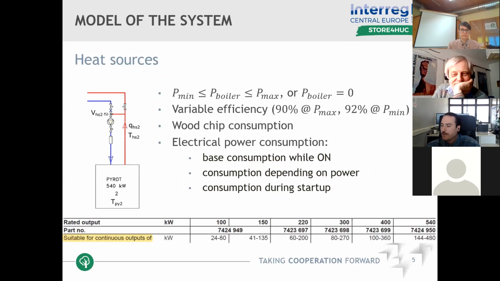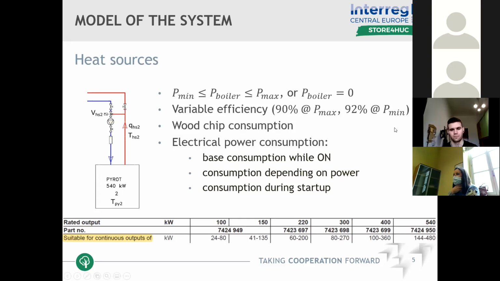So something more about heat sources: as Mari said, they have minimal and maximal power, or they can be shut off, so the power is 0. Of course, they have variable efficiency, which is quite unusual, I would say. So it has a lower efficiency for the maximal power and higher efficiency for the minimal power.